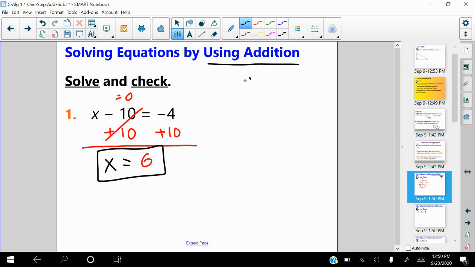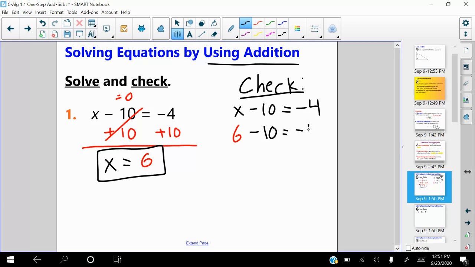When we want to check it, we always start out with the word check, and we make it clear that we are checking our work. We're going to go back to the original equation, x minus 10 is equal to negative 4. We're going to substitute the value that we have for x into the equation. So our value of x is 6. So it's now going to be 6 minus 10 is equal to negative 4.